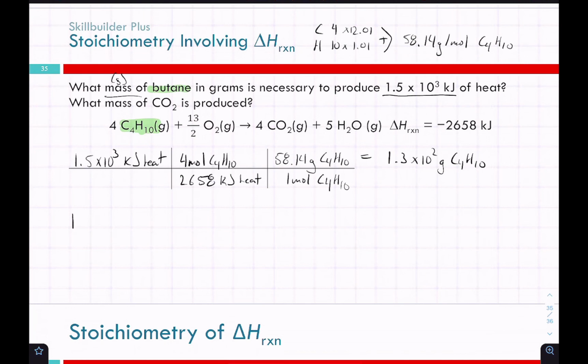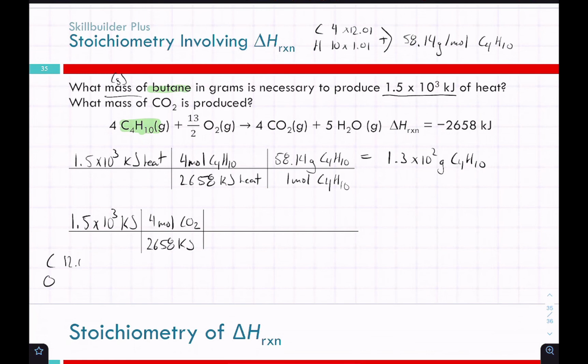And then we can set up the same problem, but now instead of solving for butane, we solve it for CO2. So 4 moles of CO2 will be produced along with 2,658 kilojoules of heat. And then CO2 is going to be 44.01.